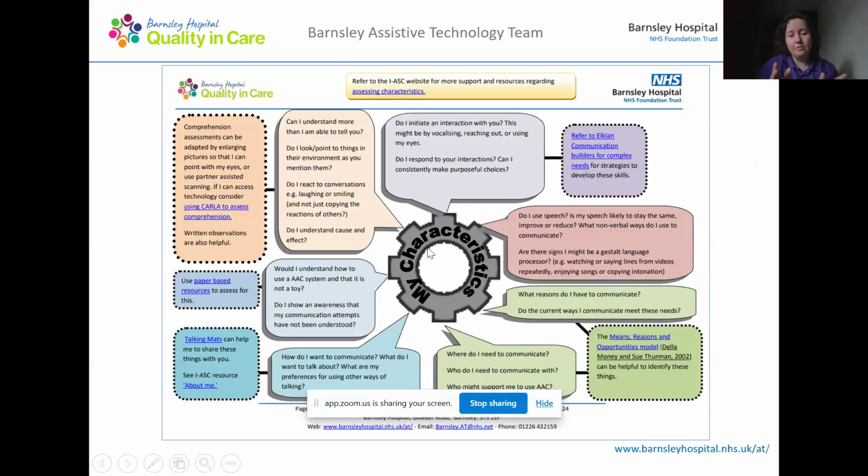So the referral form requests information to be completed about, for example, their understanding and their expressive language. This gives some suggestions about ways you might be able to find out that information. So yes, that's something I recommend having a look at.